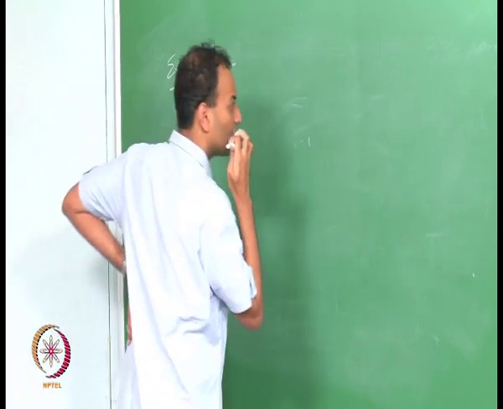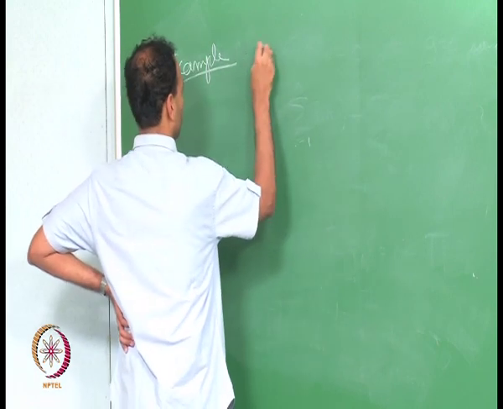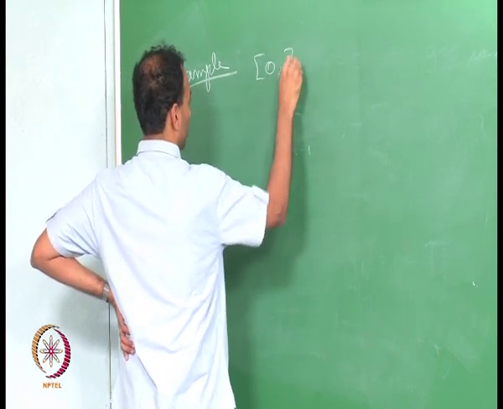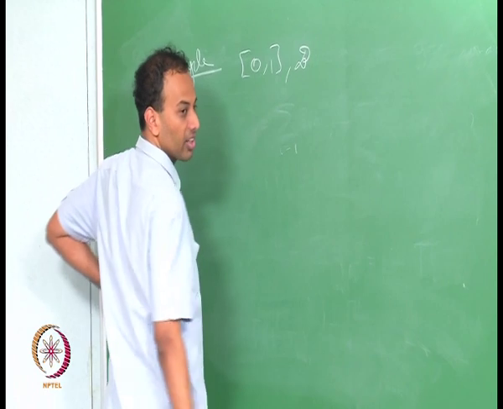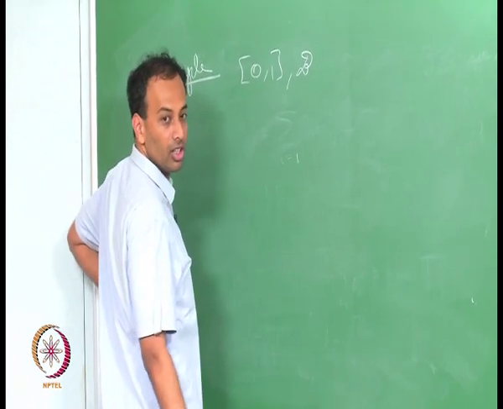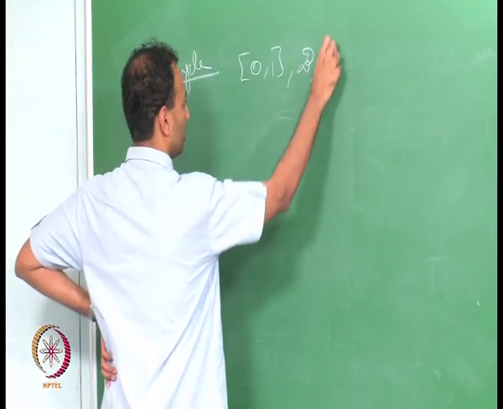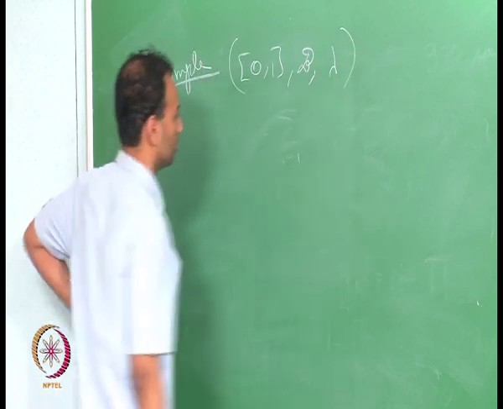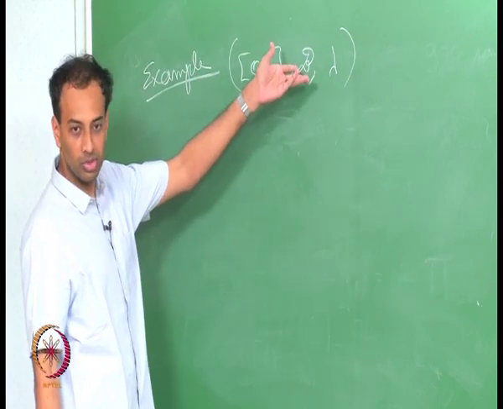Let us say you take my omega, F, P to be my favorite [0,1] interval endowed with Borel sigma-algebra and Lebesgue measure. That is my probability space.